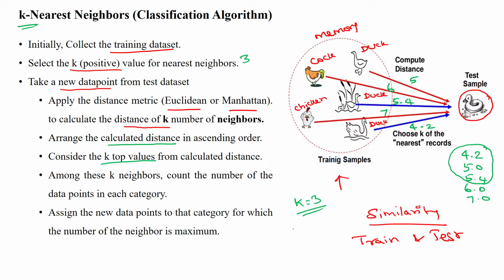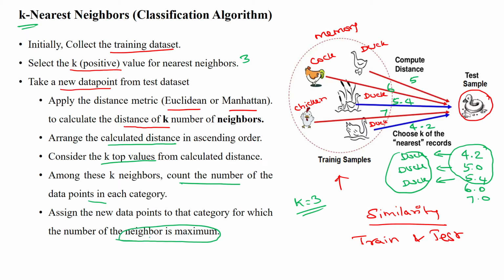In these nearest neighbors we check how many data points belong to each category. 4.2 belongs to the duck, 5.0 also belongs to the duck, and 5.4 also belongs to the duck. So all of them belong to the duck, so my new test sample belongs to the class with the maximum number of neighbors, duck.